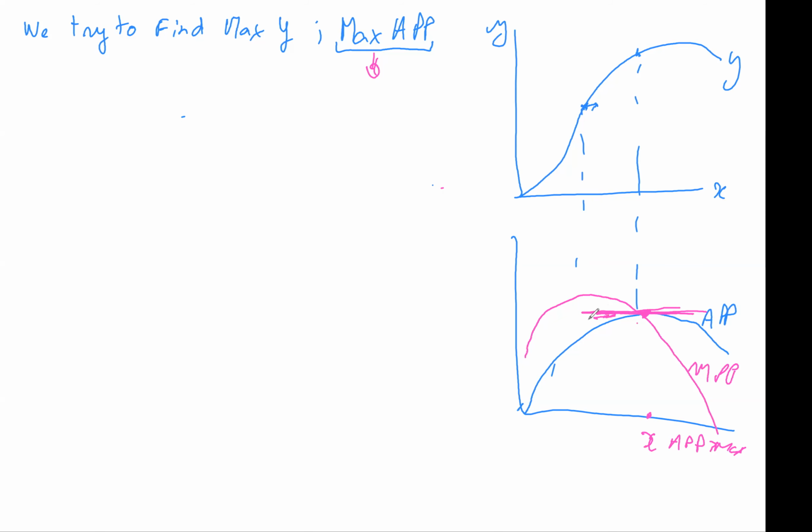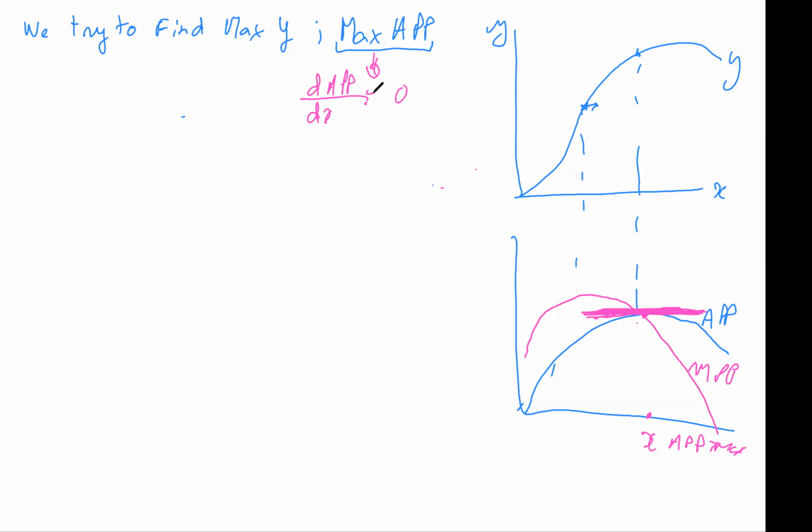What is the slope like at the maximum of APP here? It should be 0, right? So to find the maximum APP, I say d APP over dx equals 0.